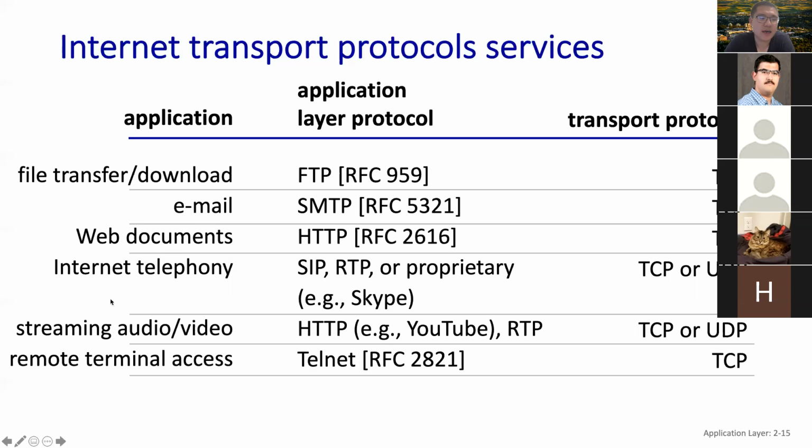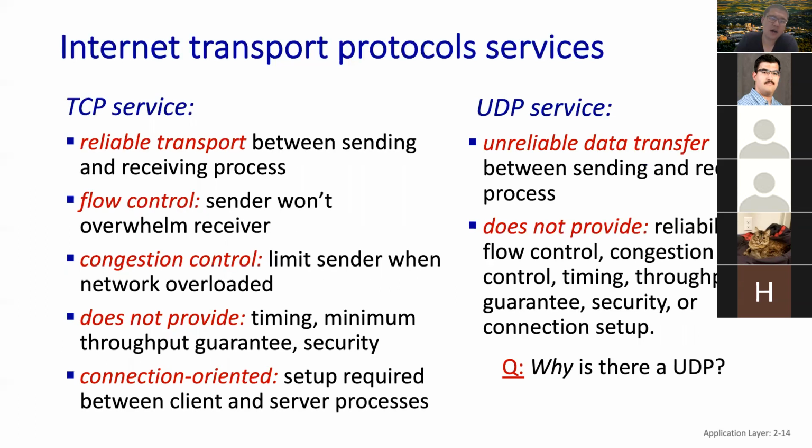And for internet telephony, you just talk to someone through the internet, for example Skype, and you can also use UDP. TCP is also okay, but sometimes if you want to optimize the performance, UDP is the choice. Okay, so next lecture we will continue to talk about the details of TCP, UDP, and applications using the different protocols.